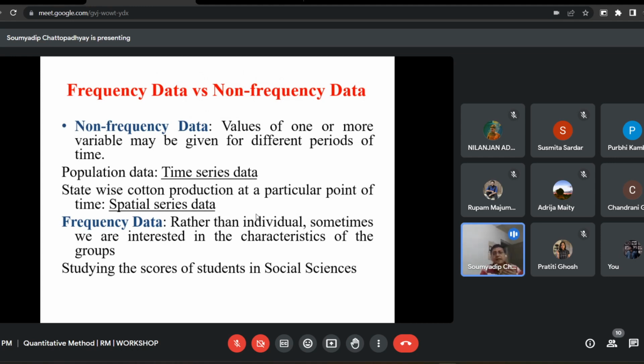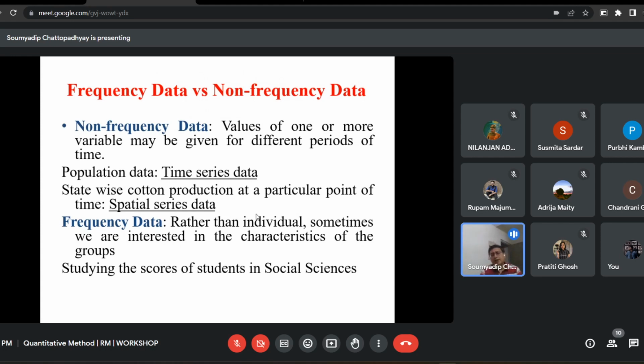Now, while analyzing the data, you need to understand the nature of the data. Whenever we are considering the nature of the data, there are different ways to look at it. One distinction which is generally made in statistics is the distinction between frequency data and non-frequency data.